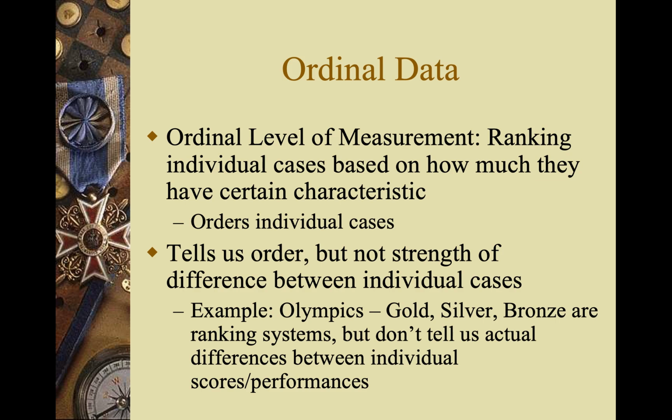In ordinal data, or ordinal level of measurement, or ordinal variable, I'm using them all interchangeably, this is a ranking of individual cases based on how they have certain characteristics. It tells us the order, but it doesn't tell us the difference or the strength between the individual cases.